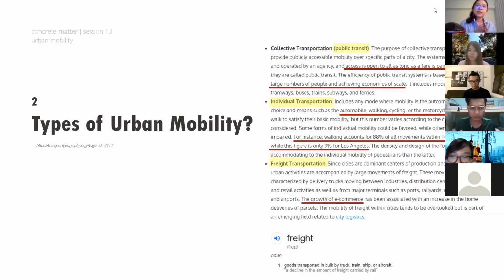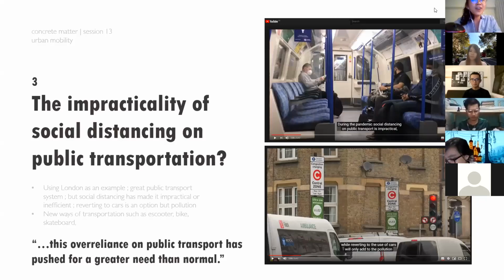Freight means transportation of goods, transporting things by train, bus, lorry, vans, or planes. Especially in the era where e-commerce is blooming, this aspect is something that we can look into as well.